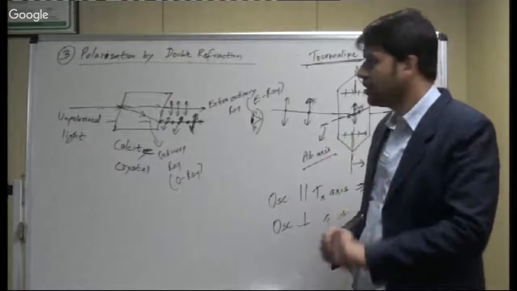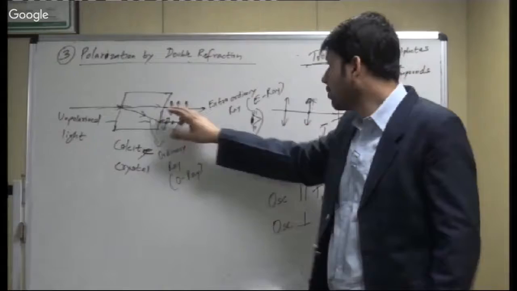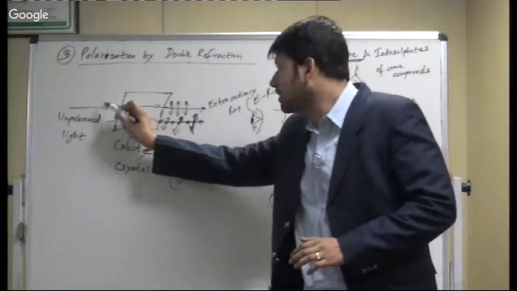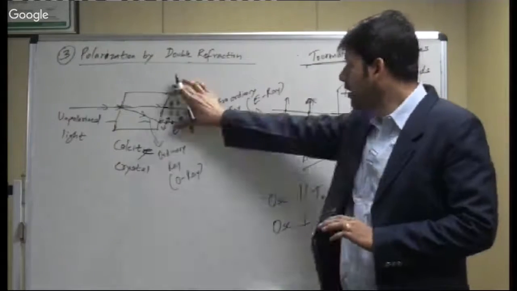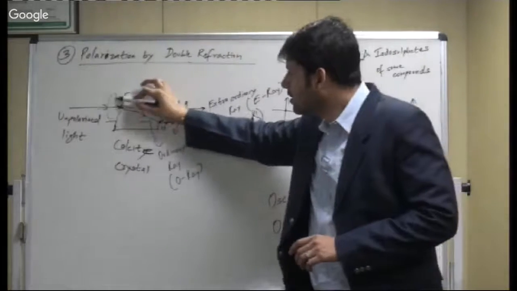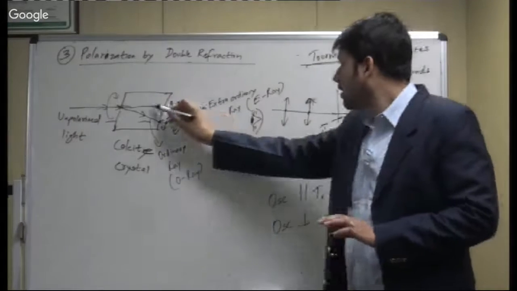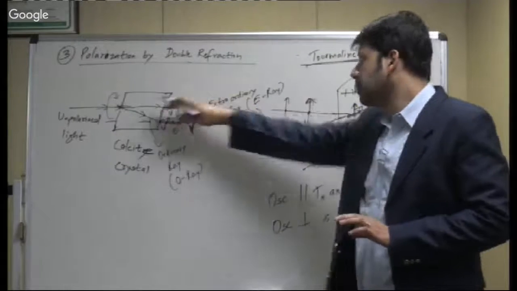Now, there was one question: if we rotate this, what would happen? If we rotate the calcite crystal about the original direction, like this, what would happen? If you rotate it, the extraordinary ray would keep coming in the straight direction.